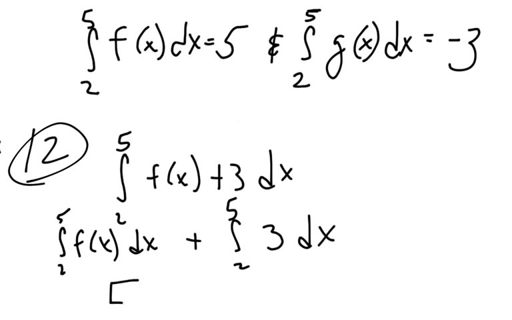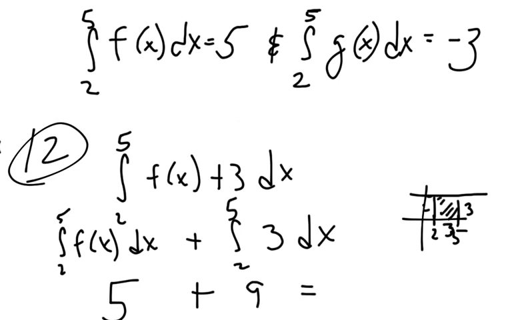So this would equal 5, and this would be a rectangle if you think about it graphically. Y equaling 3 going from 2 to 5. Actually, it's a square. The base is 3. The height would be 3. So the area would be 9. So 5 plus 9 is 14.